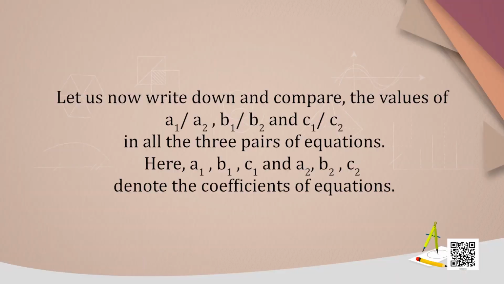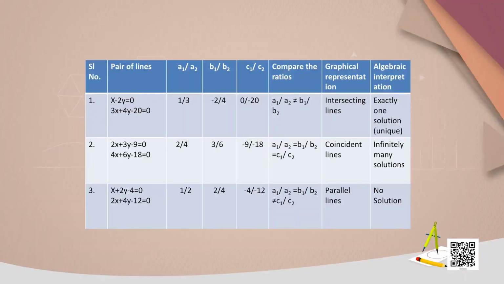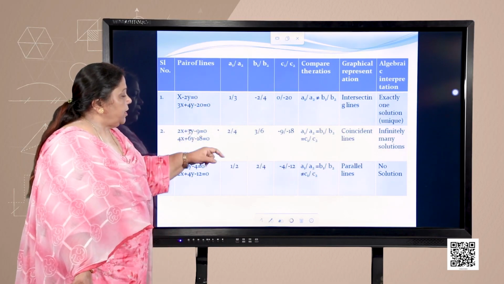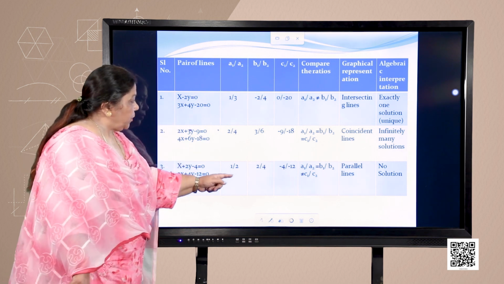Now, let us write down and compare the values of a1 upon a2, b1 upon b2 and c1 upon c2 in all the three pairs of equations. Here a1, b1, c1 and a2, b2, c2 denote the coefficients of the equations. In the tabular column here, we have the pair of lines in all the three cases and these were the ratios of the coefficients of x: 1 upon 3, 2 upon 4 and 1 upon 2.